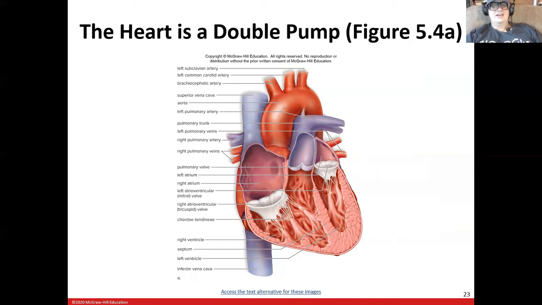And then you have the cardiac sinus, draining the blood away from the coronary arteries and delivering it back into the rest of the blood in the right atria. I don't see the sinus here. It's probably about right there.